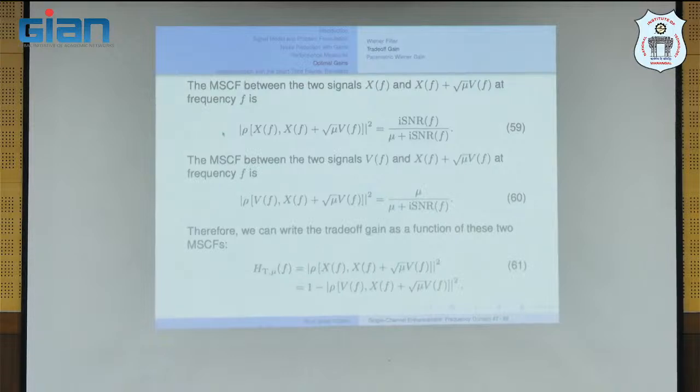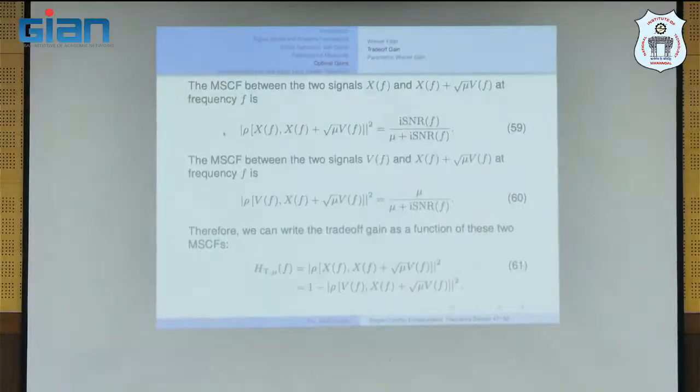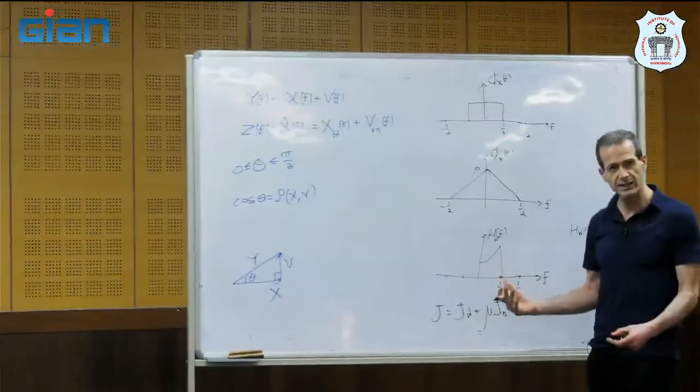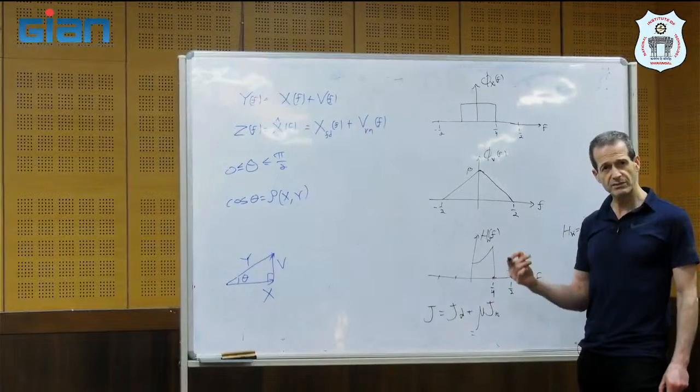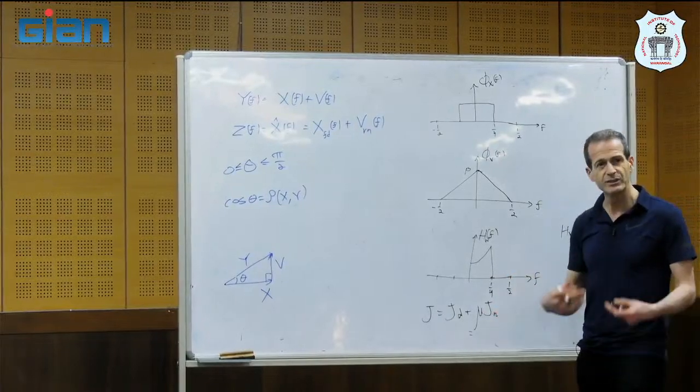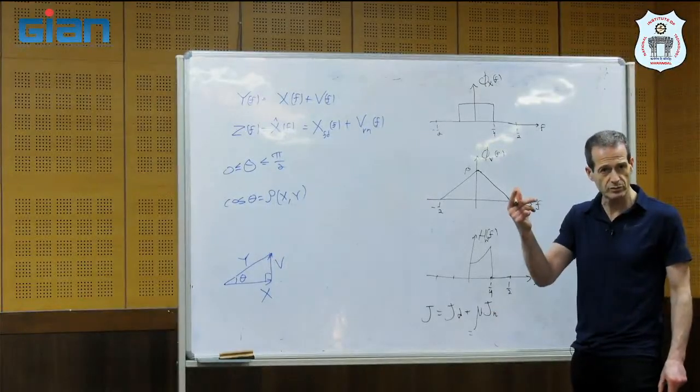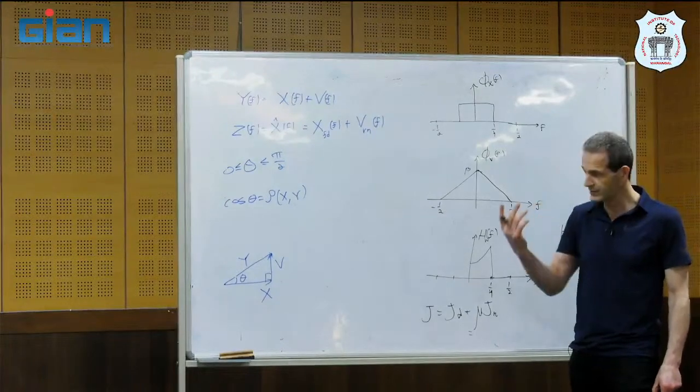We put here a weight, mu, right? And then if mu is larger than 1, we give more weight to this part. And then we are able to reduce more noise if mu is larger than 1. So you see, this mean squared error is equivalent to multiplying the noise with the square root of mu, increasing the weight.